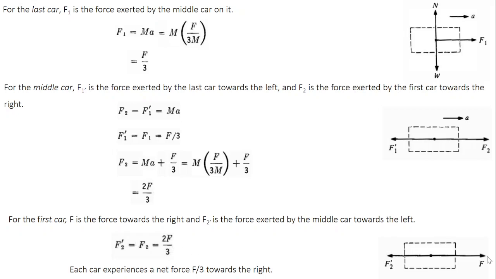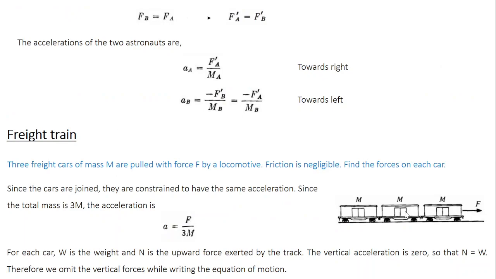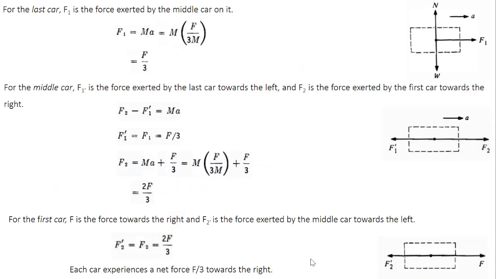So the total force experienced by the entire train is F, and the net force on each individual car is F by 3. So you have F by 3 plus F by 3 plus F by 3, which is F. So as the number of cars increases, the force exerted by the engine is going to increase.